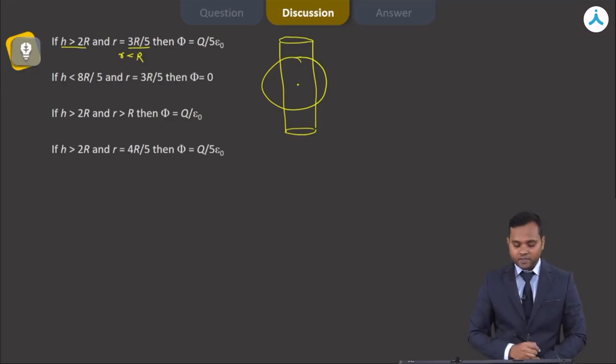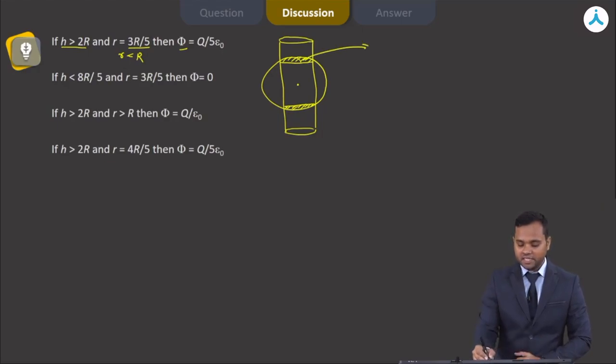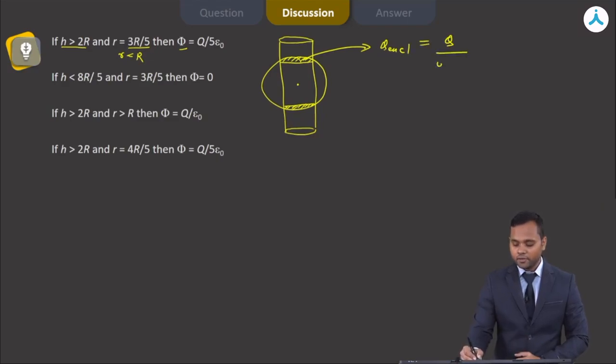Now for finding the flux through the cylindrical portion, we'll have to find out the charge enclosed in the cylindrical portion. So this shaded portion, the part of the total charge of the spherical shell which is lying inside the cylindrical surface, this q enclosed will be equal to q by 4 pi R square, which is basically the charge density of the shell, into the area of the shaded portion.